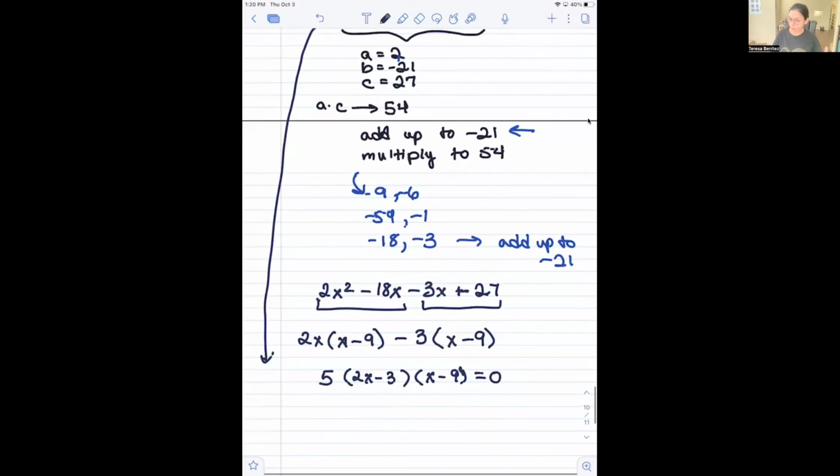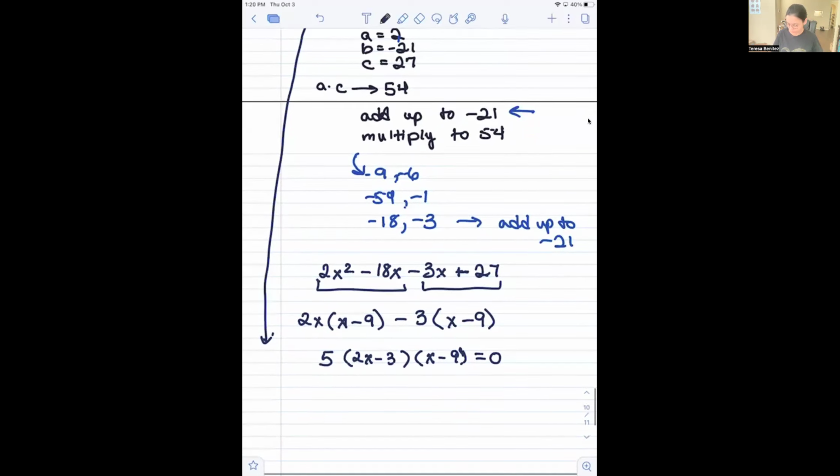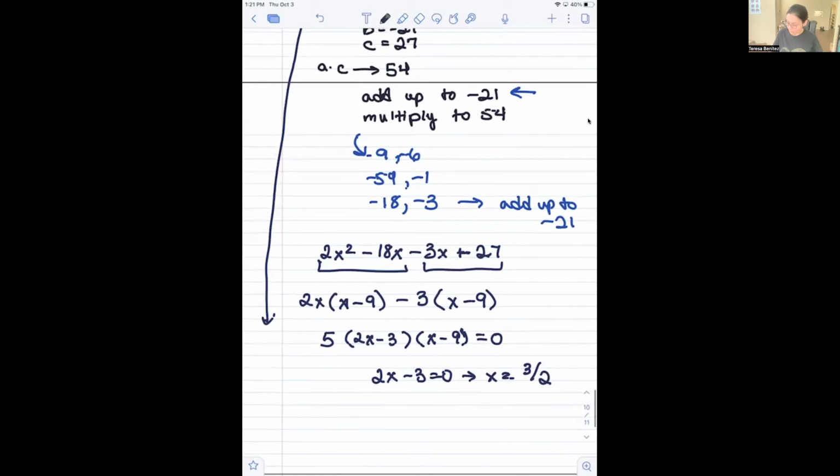Now that I have prime factorization, let's remember that phrase, then I can say whenever 2x minus 3 is 0, that will give me one solution for x. It's supposed to say equal to, okay? And whenever x minus 9 is 0, it will give me the second solution for x, okay?